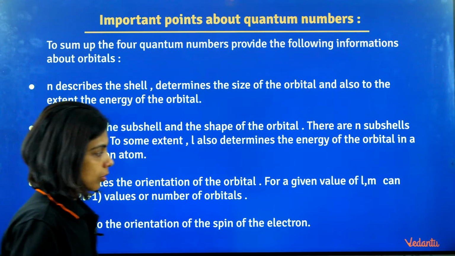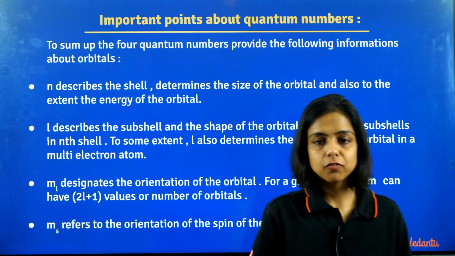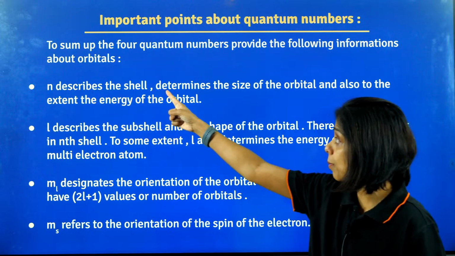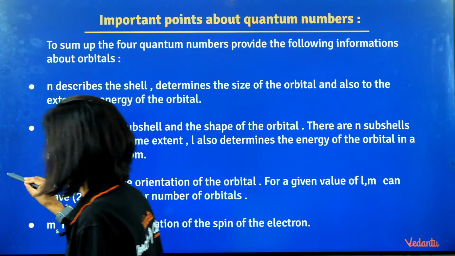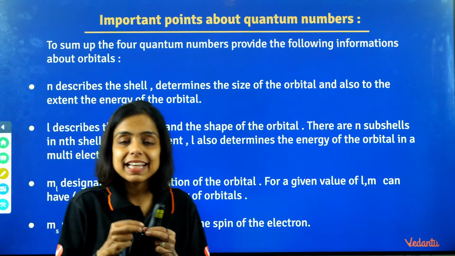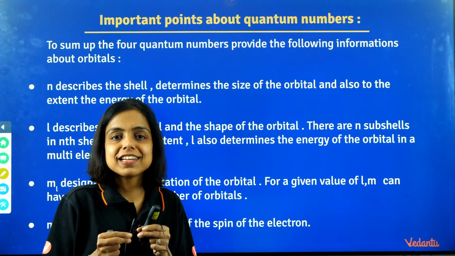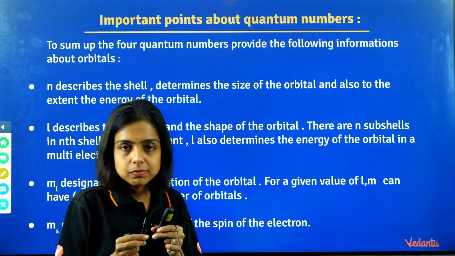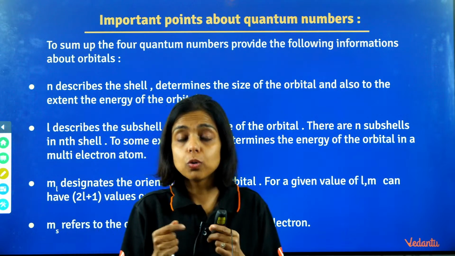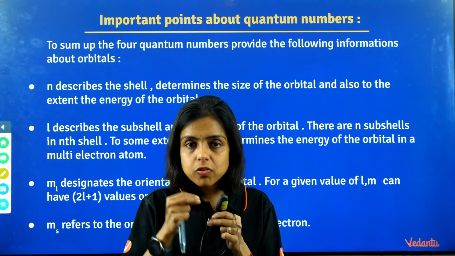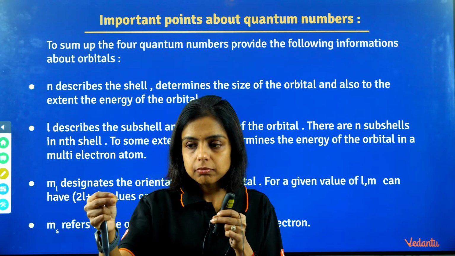So guys, four quantum numbers, all the information. n tells you about the shell and the energy. How far is the electron from the nucleus? The closer the electron is to the nucleus, the lesser is the energy of the electron. If the n value is more, that means the electron is far from the nucleus.